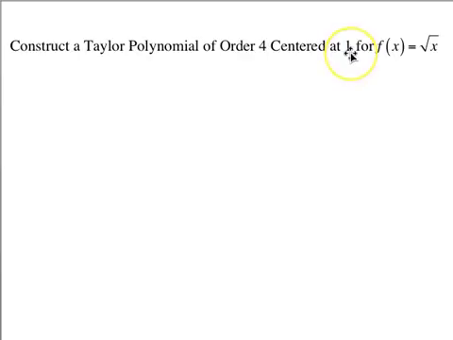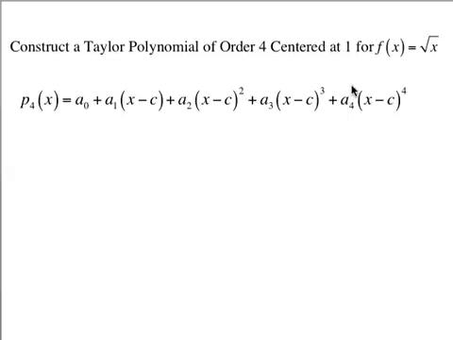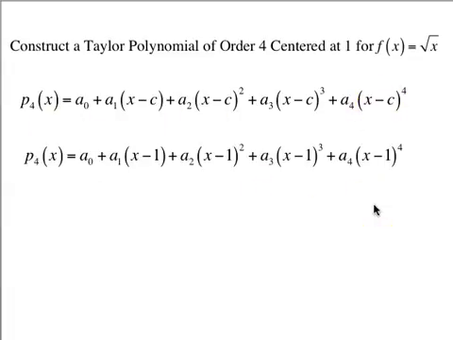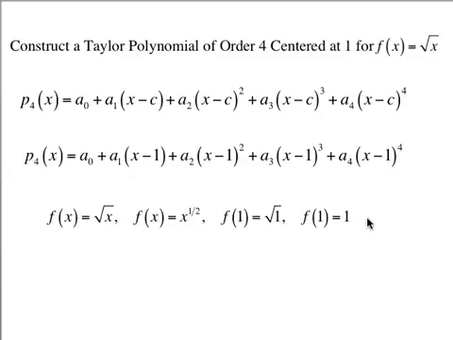It's centered at 1, so we're going to see a0 plus a1 times x minus 1 plus a2 times x minus 1 squared plus a3 times x minus 1 cubed plus a4 times x minus 1 to the fourth. So there is our Taylor polynomial of order 4 centered at c. If we're centered at 1, c becomes 1. And then our goal, as in the first example, is to solve for a0, a1, a2, a3, and a4. And let's go do that.